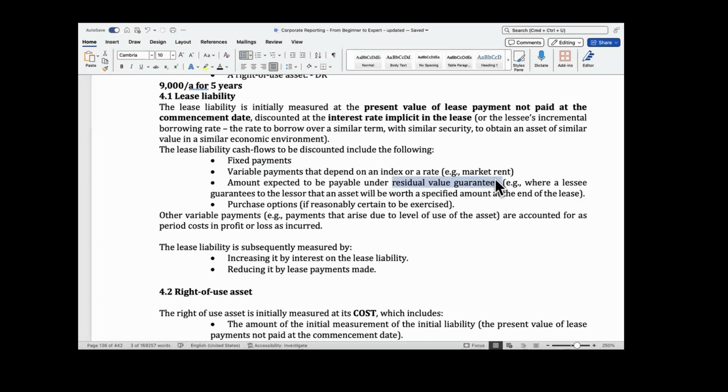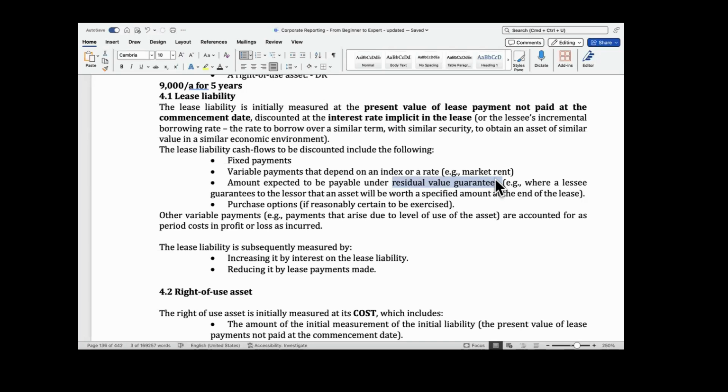They will want him to guarantee that at the end of using the assets, the assets will still be worth some amount. In such a way that if the asset is not worth that amount anymore, we can conclude that the lessee has misused the asset and he will be required to pay up. So the residual value guarantee will have been factored in right from day one.